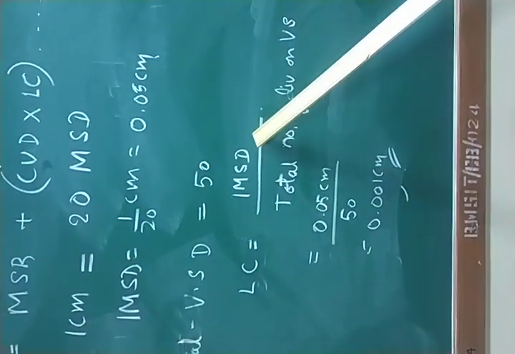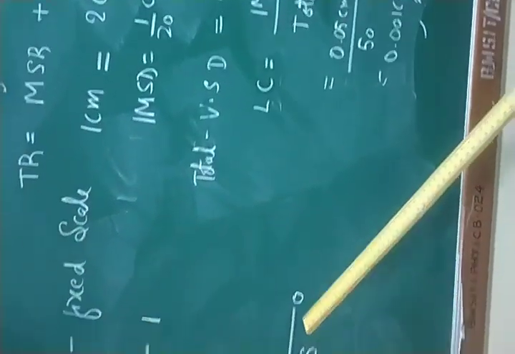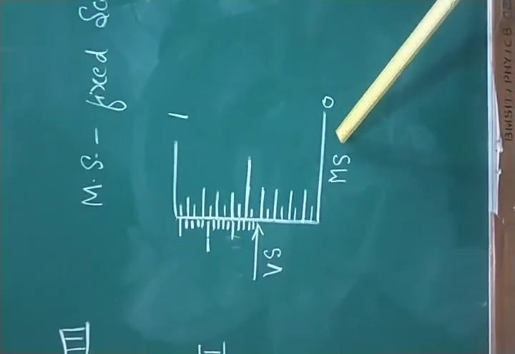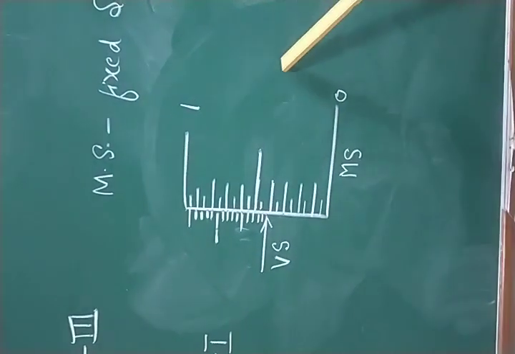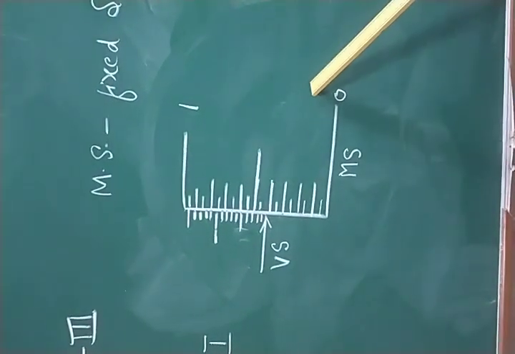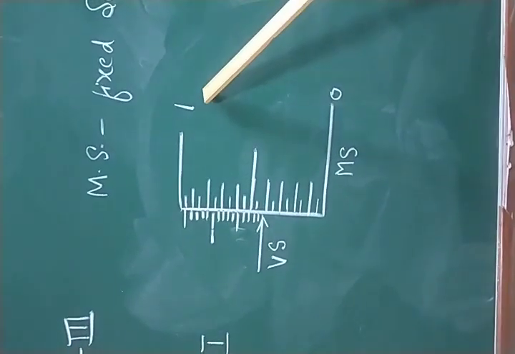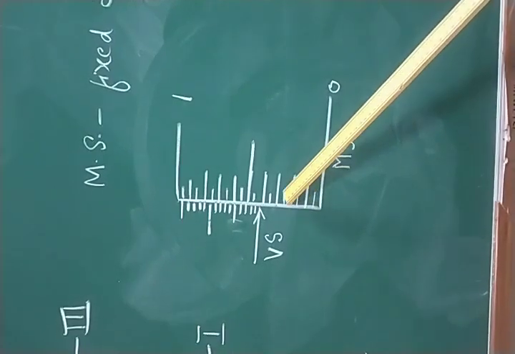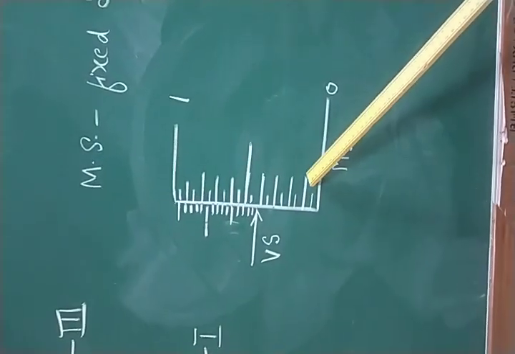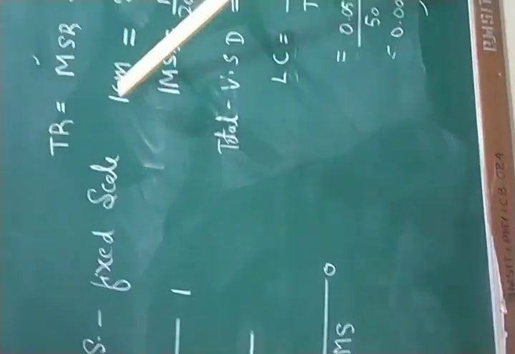Now I will explain how to find this one main scale division. In this travelling microscope, the calibration in the main scale is done so that 1 centimeter is equally divided into 20 equal parts. From 0 to 1 there are 20 equal divisions.